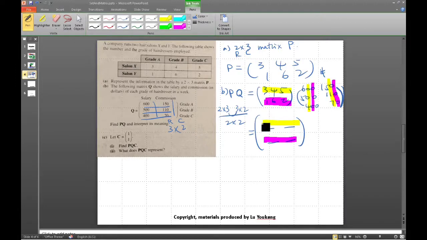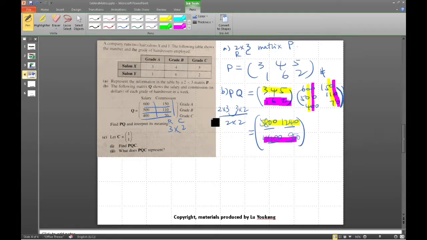The first row of P times the first column of Q will give you the first term, and the first row of P times the second column of Q will give you the second term. Therefore, you can find the rest in such a manner.